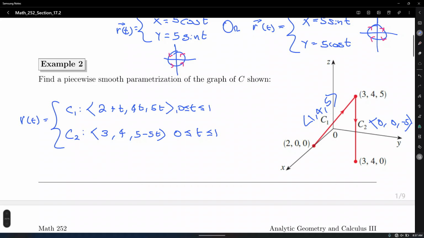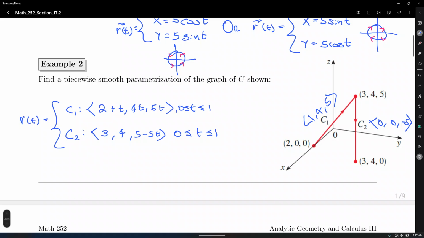Well, you might argue, shouldn't this be t equals 0, t equals 1, maybe t equals 2? No. Don't do t equals 2, 3, or 4 or 5. Just look at every piece as one part, from 0 to 1, game over.